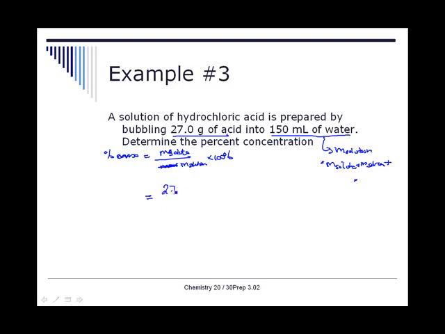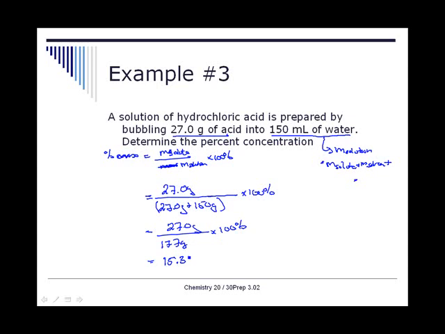So we're going to end up with 27.0 grams over 27.0 grams plus 150 grams, because 1 milliliter of water weighs 1 gram, times 100%, which would be 27.0 grams over 177 grams times 100%. And when you run it through your calculator, we should end up with 15.3% mass by mass.